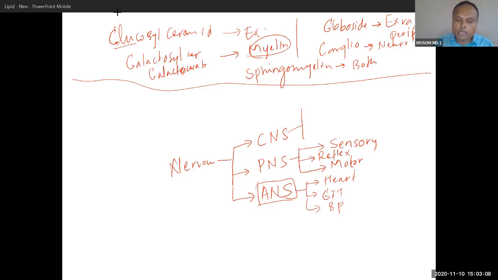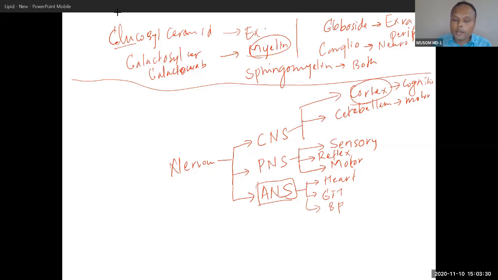Now the central nervous system has the cerebral cortex, because of which you think. Cognition. It has a motor controlling system called the cerebellum, which controls motor function.